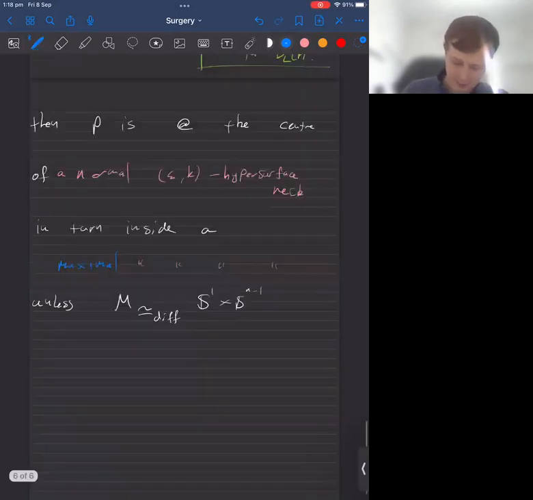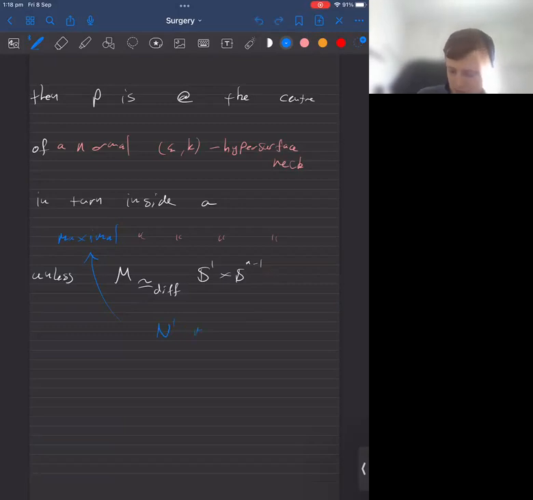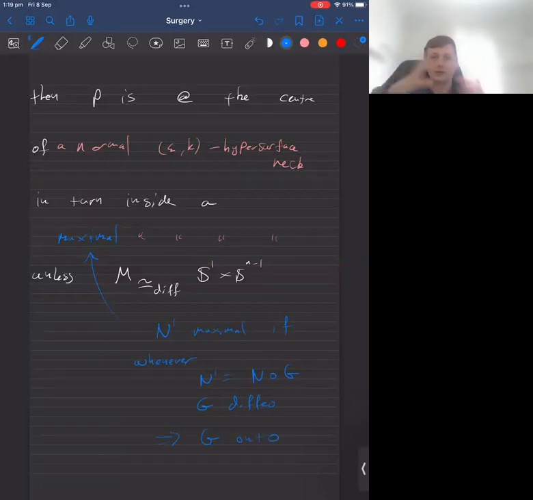So what do I mean by maximal? You could define it as follows. You say N prime, so another neck, is maximal if whenever you can write it as N prime equals N after G, for G a local diffeomorphism of the cylinder, that means that G has to be already onto. So you can extend these necks out, you can glue them together because the scaling is right.